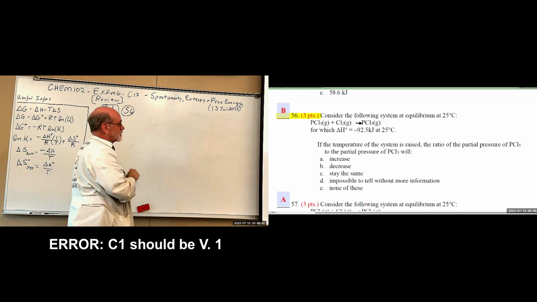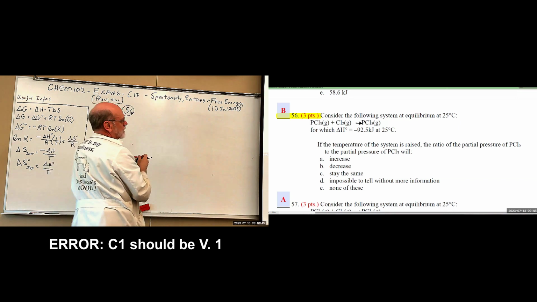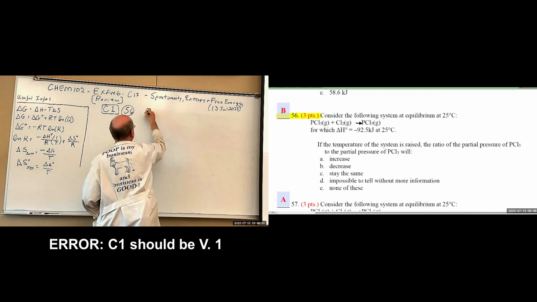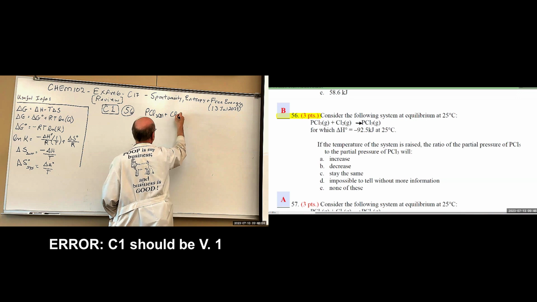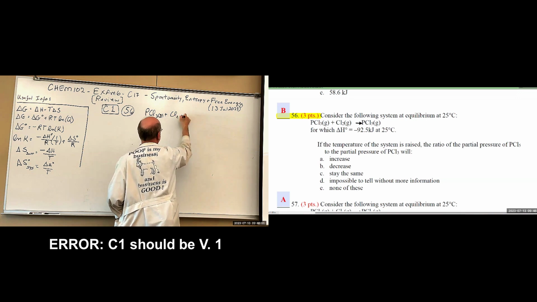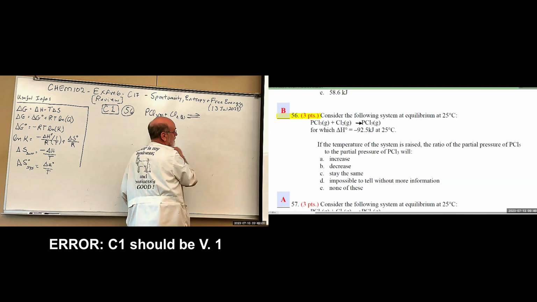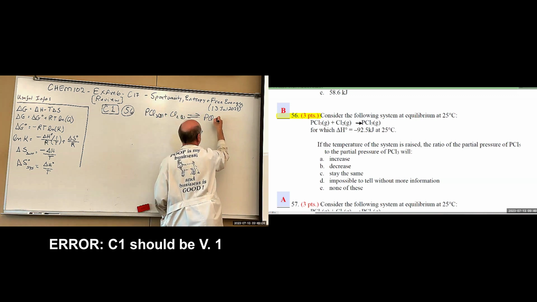It appears that this one should be easily solved with Le Chatelier's. So we have this system at equilibrium. PCl3, I bet it's got chlorine gas. Actually, it should be a double barbed arrow because it's equilibrium. PCl5.